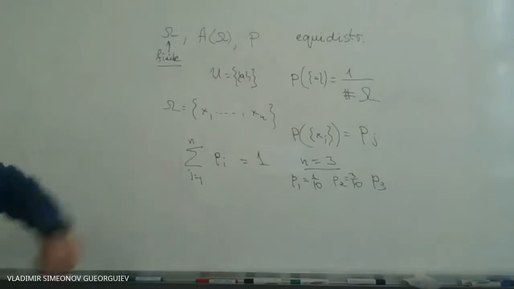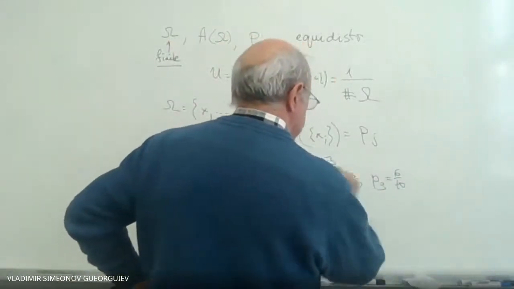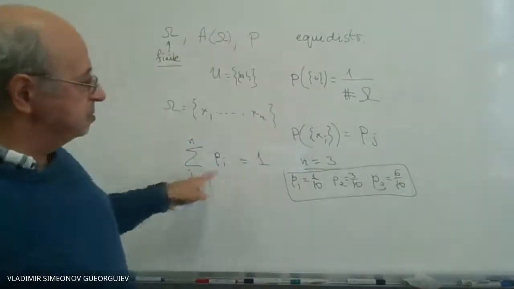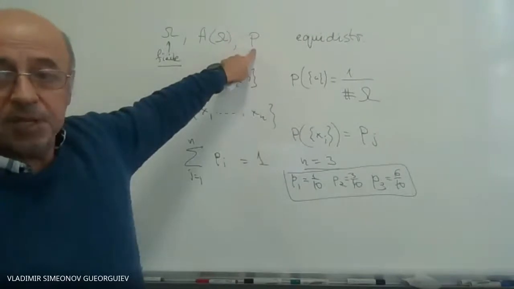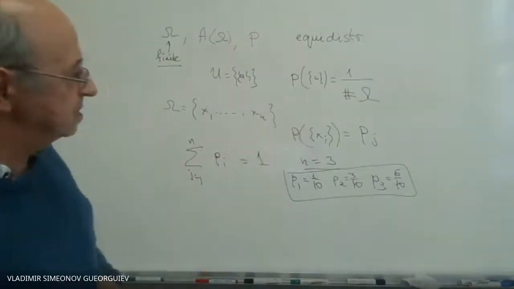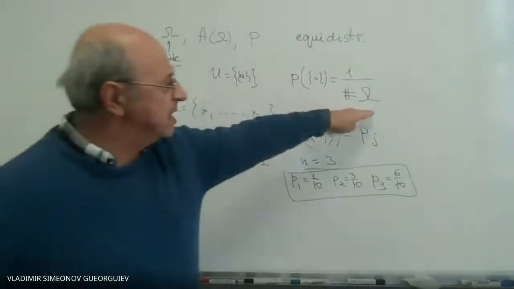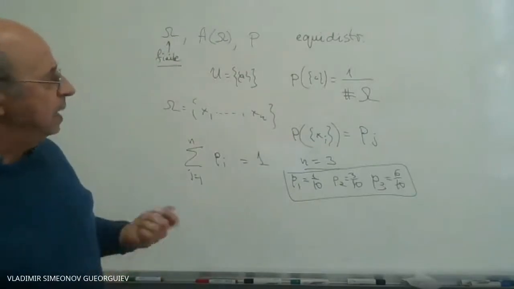Since the sum of all P should be 1, what remains is 6/10. Therefore, this is not an equidistributed probability space, if the choice of the probability function is not independent of the choice of this element. Till the moment, all examples considered equidistributed probability.